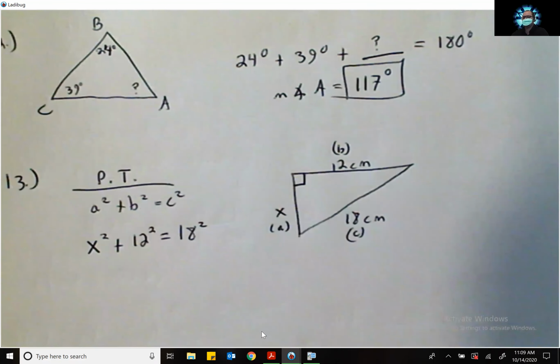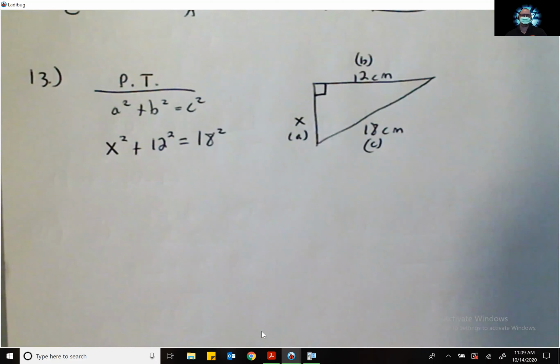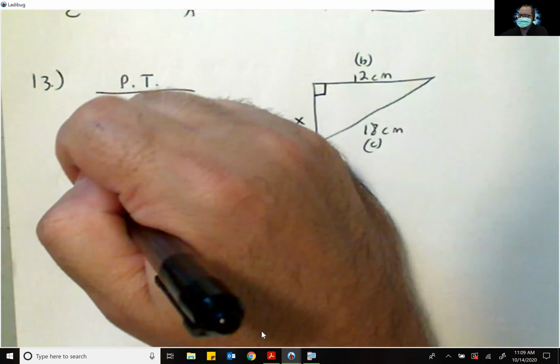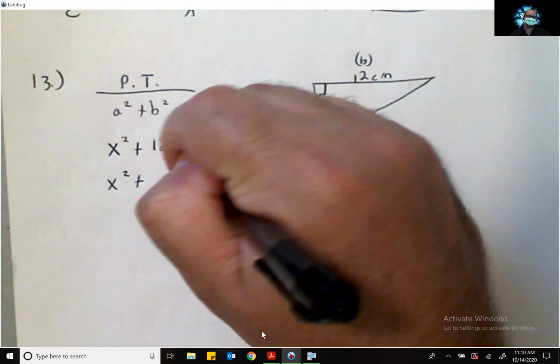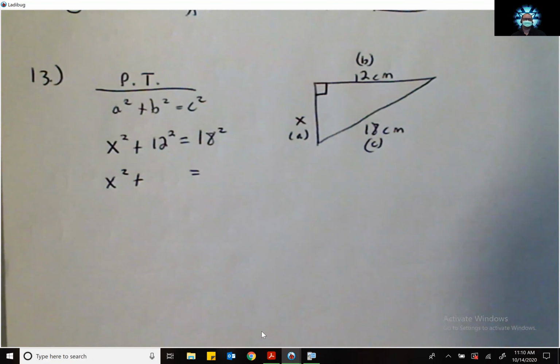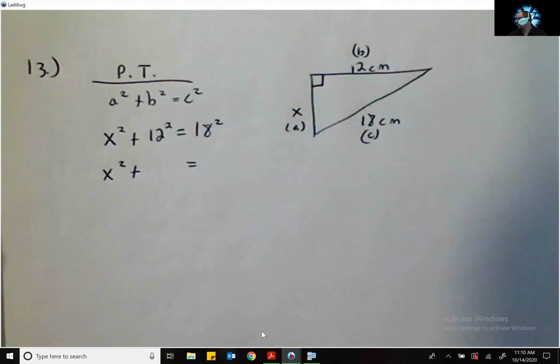So there we go. So we need to do some squaring now. So what is 12 squared? Come on, help me out here, please.